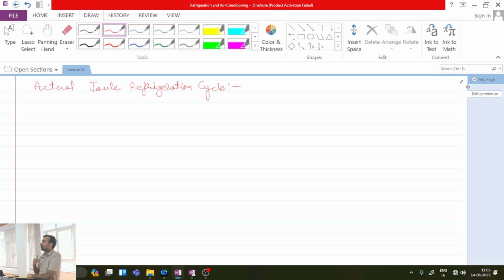Now whenever a fluid flows through a pipe, because of the finite viscosity of the fluid, because in reality there cannot be any fluid with zero viscosity, inside the heat exchanger tubes, when the fluid moves, there is actually a significant amount of pressure drop. So in actual processes, there will be pressure drop. The heat addition or heat rejection process cannot be completely isobaric.